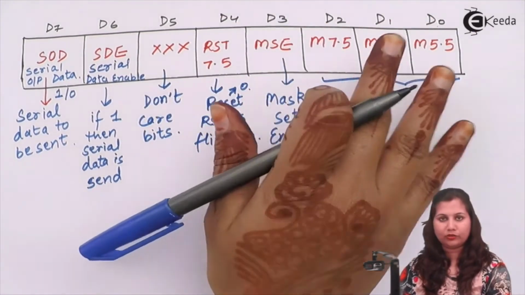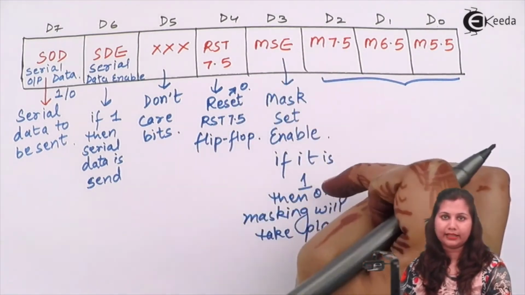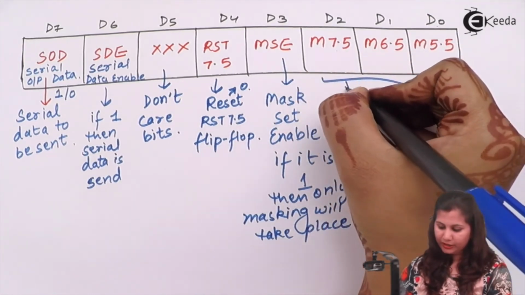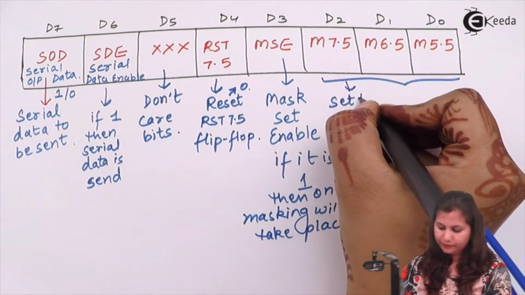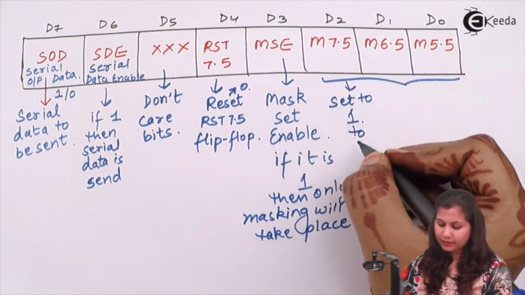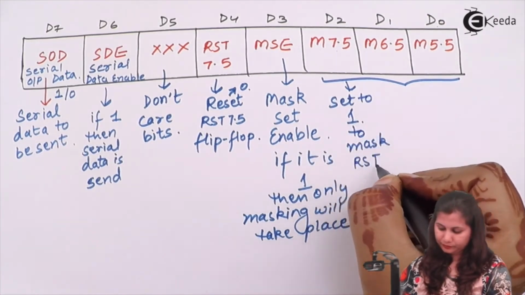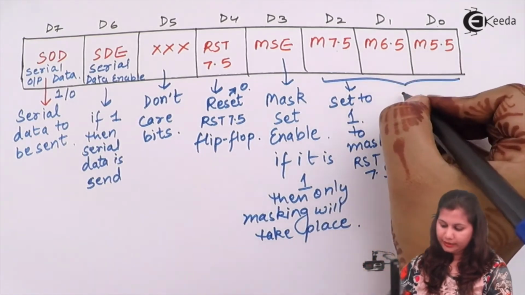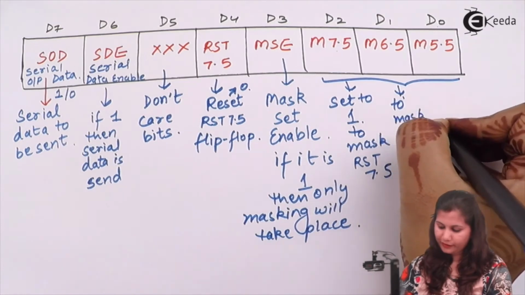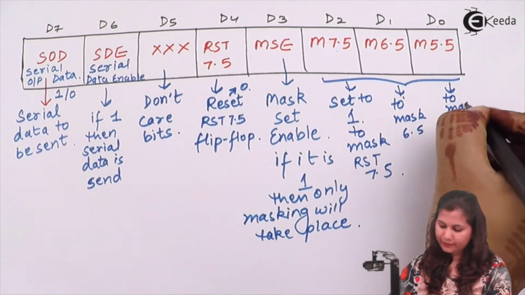If it is 1, then only masking will be done. That is why it is named mask set enable. Then this M 7.5 bit is set to 1 to mask the RST 7.5. This bit is set to 1 to mask 6.5, and this bit is set to 1 to mask 5.5.